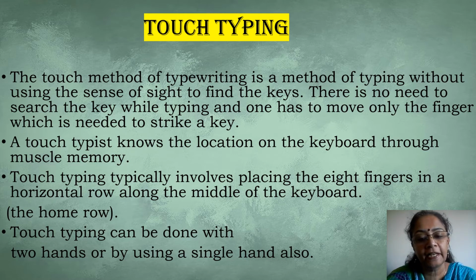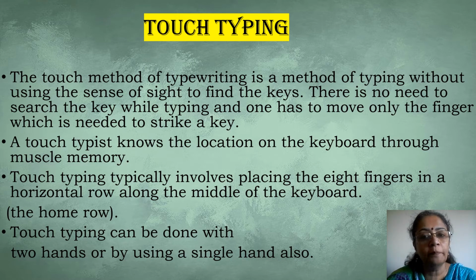Touch typing typically involves placing the 8 fingers in the horizontal row along the middle of the keyboard, which is called the home row. If you look at the keyboard carefully, you will realize that the middle row of the keyboard, that is A, S, D, F, G, and from the right hand side you have L, K, J, H, is called the home row.